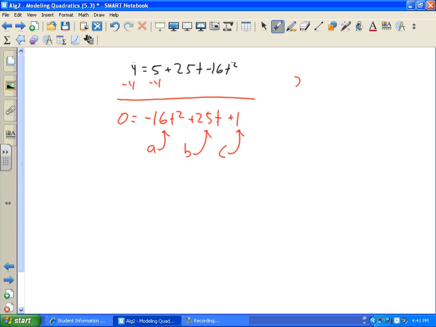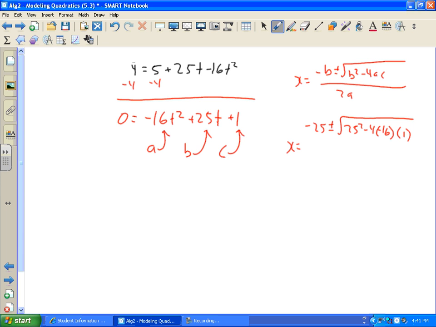And x is going to equal negative B plus or minus the square root of B squared minus 4AC, over 2A. x is going to equal negative 25 plus or minus the square root of 25 squared minus 4 times negative 16 times 1, over 2 times negative 16.